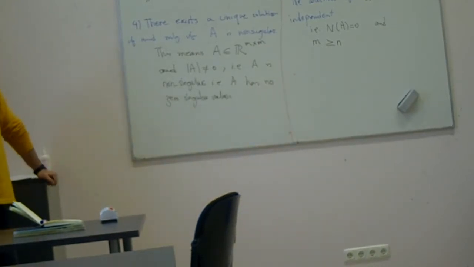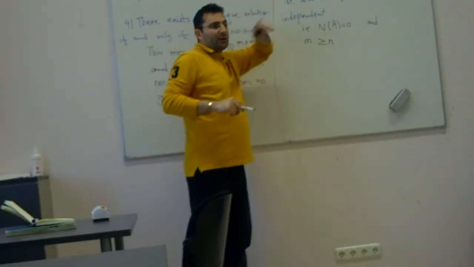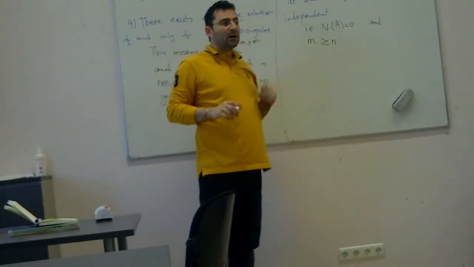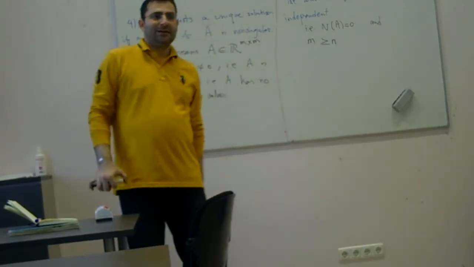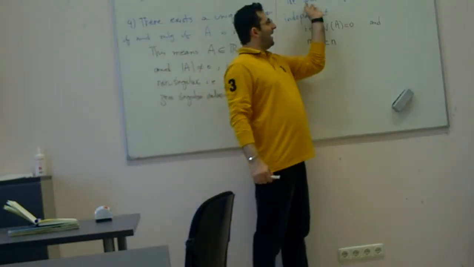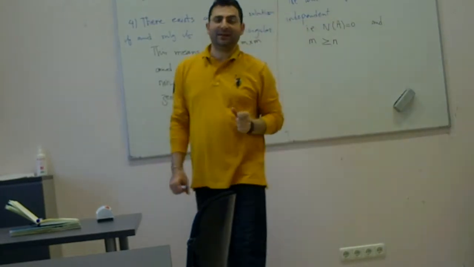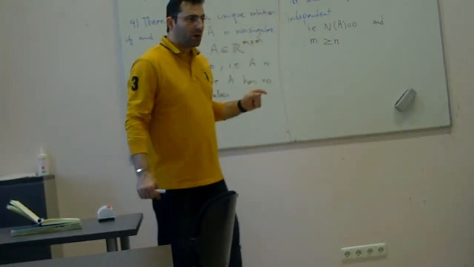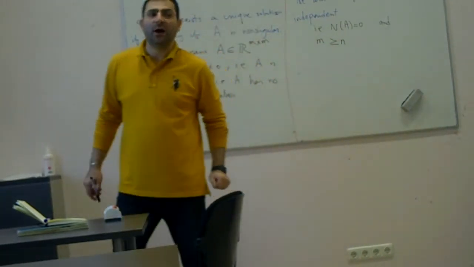But then how do I conclude that M is greater or equal than N? I'm saying that they are all synonyms of each other. One solution means we have all the columns linearly independent. All columns linearly independent means M should be greater or equal than N. Why?